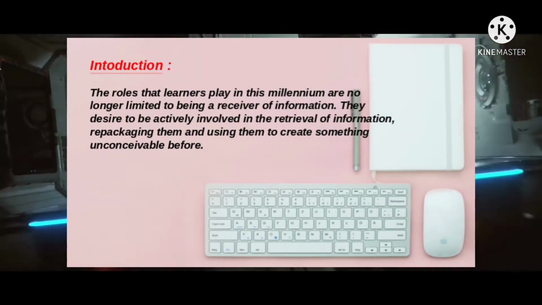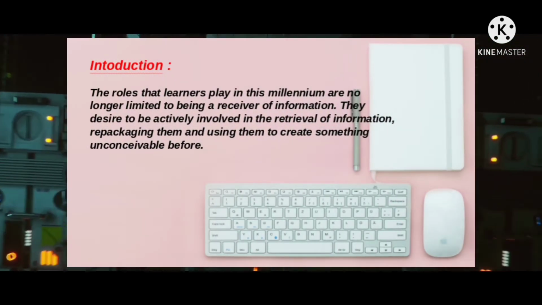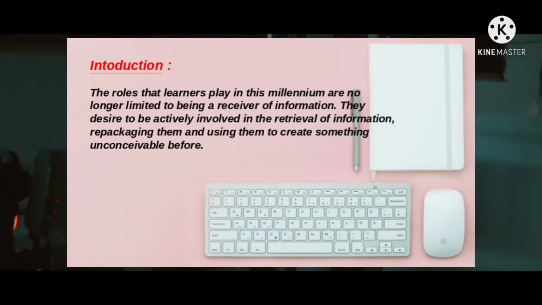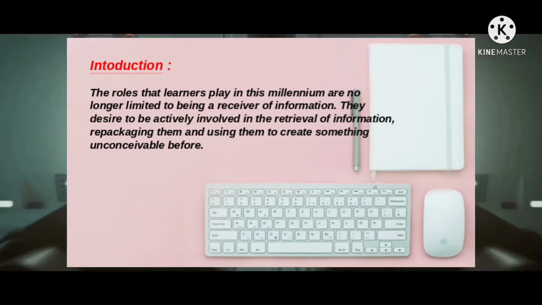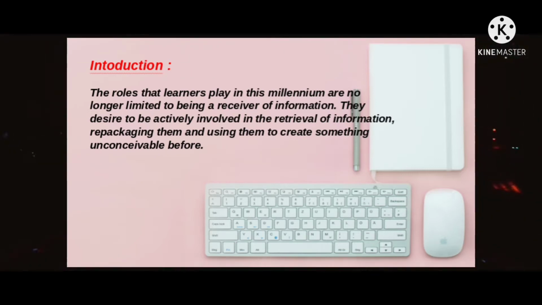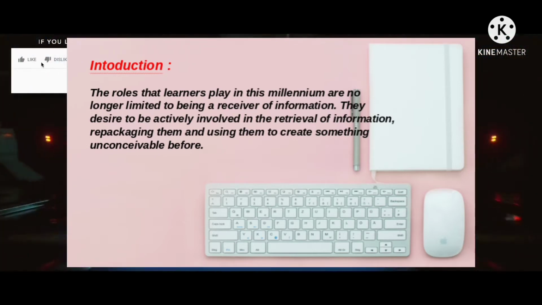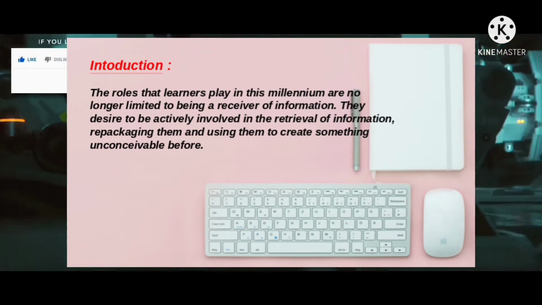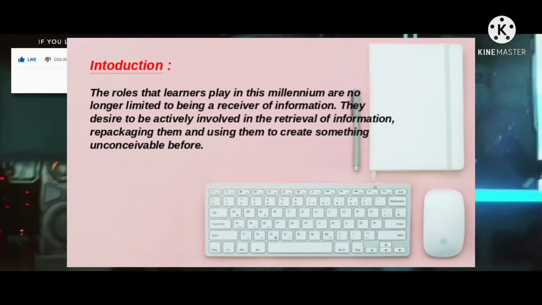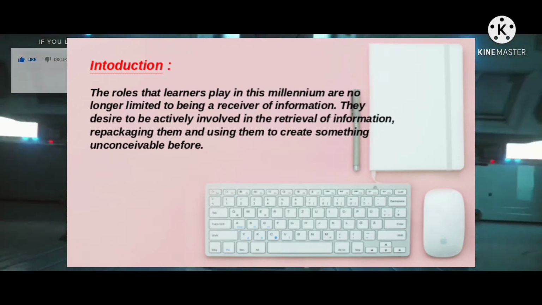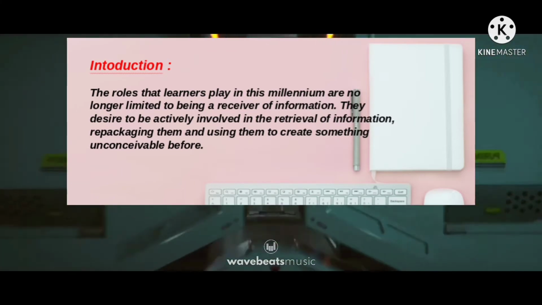The roles that learners play in this millennium are no longer limited to being a receiver of information. They desire to be actively involved in the retrieval of information, repackaging it and using it to create something inconceivable before.